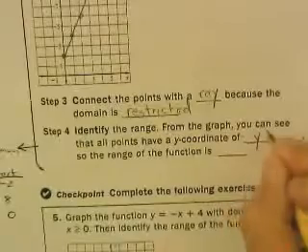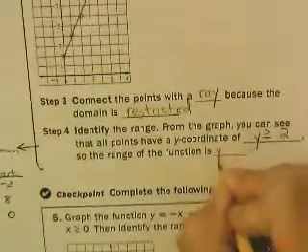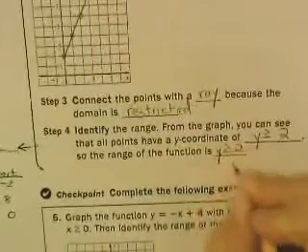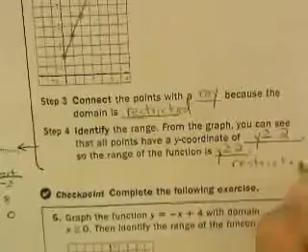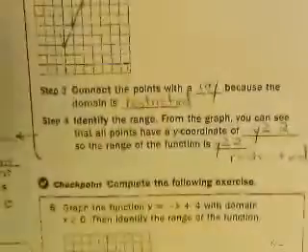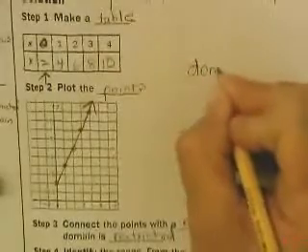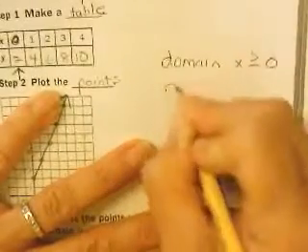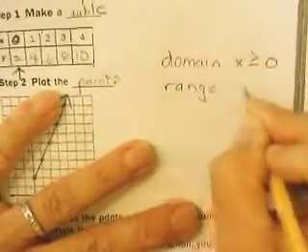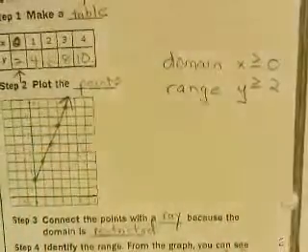So, our range is y is greater than or equal to 2 because it's also restricted depending upon the x value. Now, I want you to notice my domain is an inequality. X is greater than or equal to 0. My range is also an inequality. Y is greater than or equal to 2.